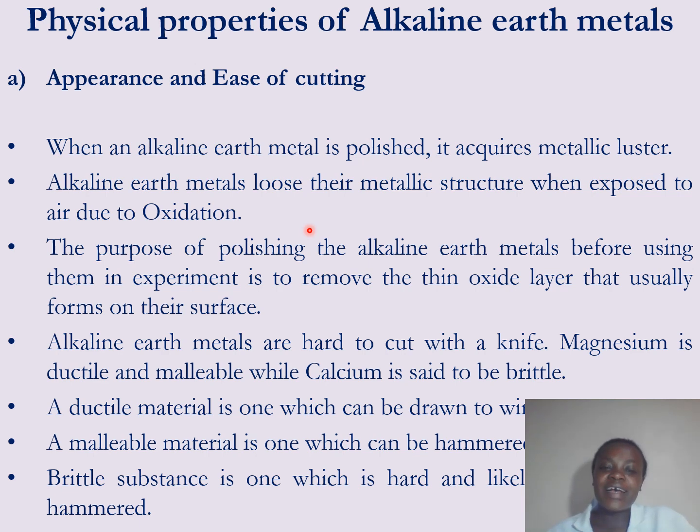Then alkaline earth metals lose their metallic luster when exposed to air. This is because they react with air and get oxidized, so they lose the luster as soon as they are cut, due to oxidation.